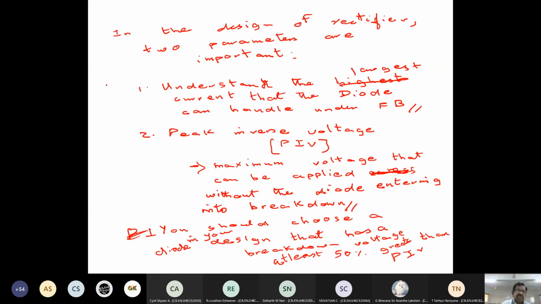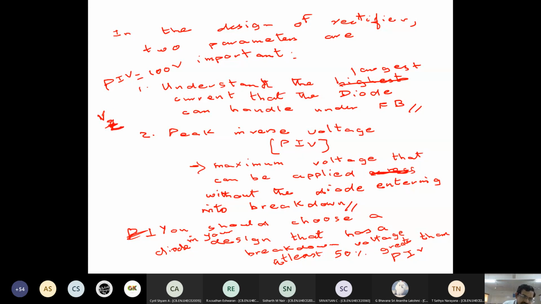So let us assume my PIV is, say, 100 volt, for an example. So I must have the breakdown voltage VZ. We generally write the symbol Z, although it is Zener. For breakdown we always talk in terms of Zener, because he was the first to tell about this breakdown stuff.